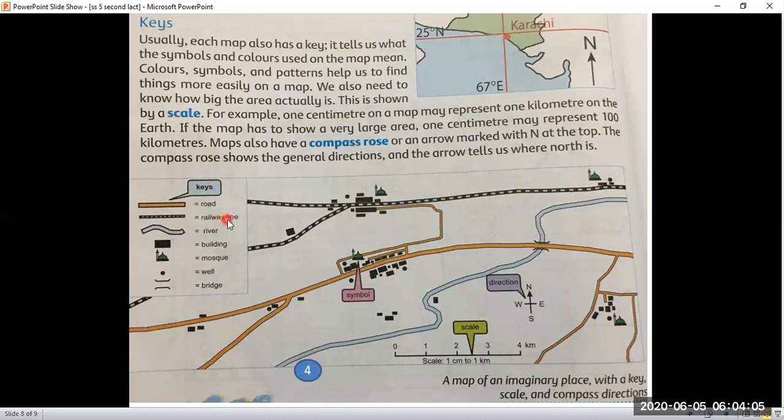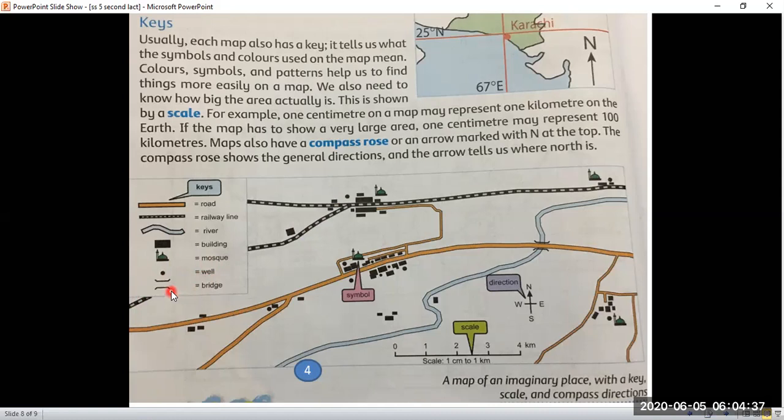This dotted black line shows the railway lines, and this zigzag line, look here, shows the river. These black spots show the different buildings, and this sign shows the mosque, and this black dot shows the well.